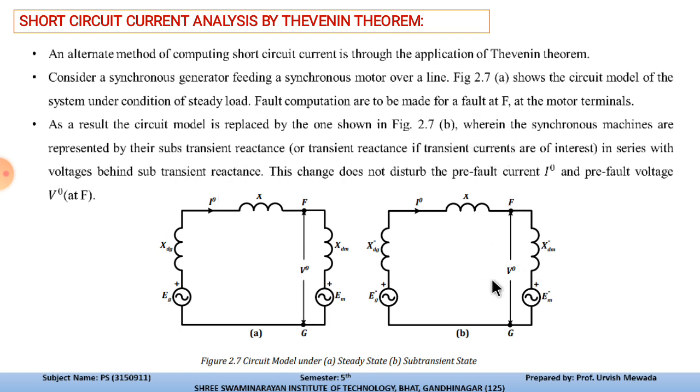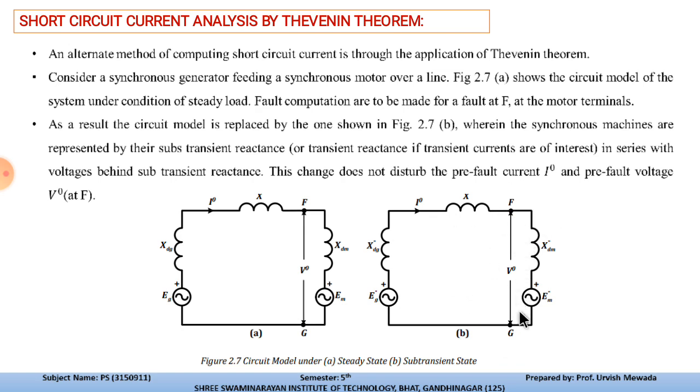Here you can see Xd, the direct axis reactance at the generating side, and the direct axis reactance at the motor side, and this is the reactance of the coupling between the generator and the motor. This is the point at which the fault will take place.